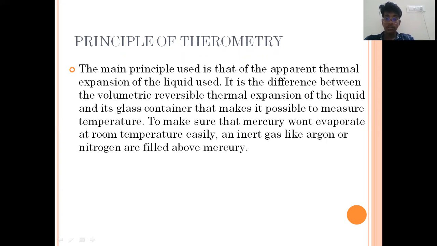To make sure that mercury won't evaporate easily at room temperature, inert gases like argon and nitrogen are filled above the mercury. So this is the main principle behind thermometry: the apparent thermal expansion of a liquid, the difference between the volumetric reversible thermal expansion of a liquid and its glass container, gives us the temperature.